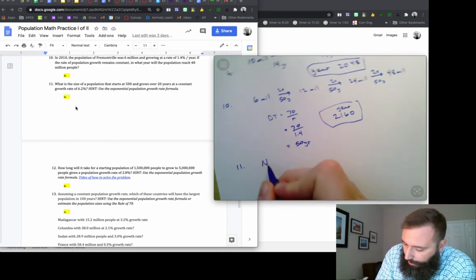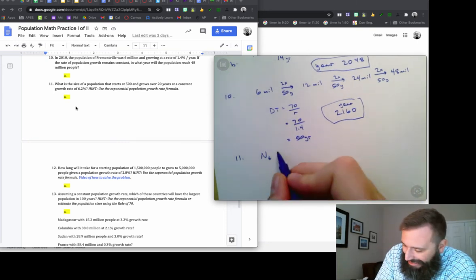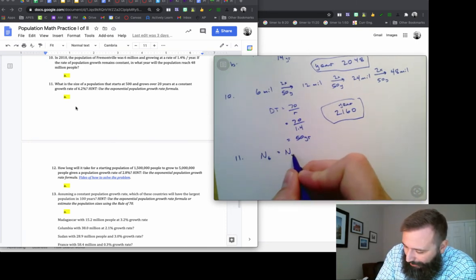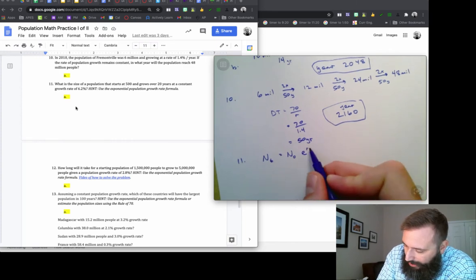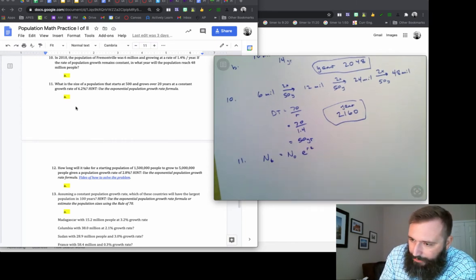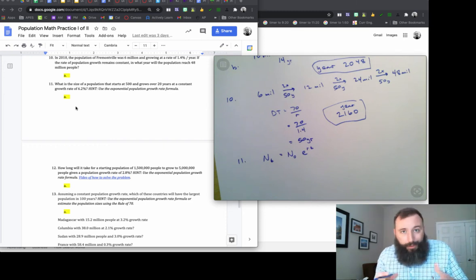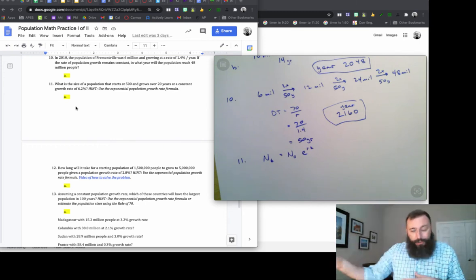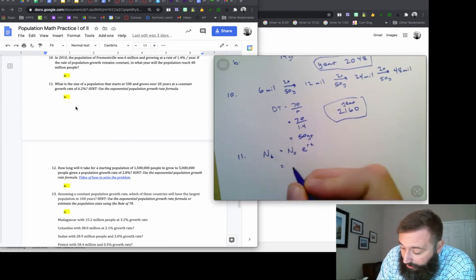And if you guys recall, the population after some time t is equal to the starting population times that irrational number e to the r times t. Now, we've been given all of the information except for N sub t. We're looking for the size of the population after 20 years, and so we're going to solve for this one. Everything else we know, though.